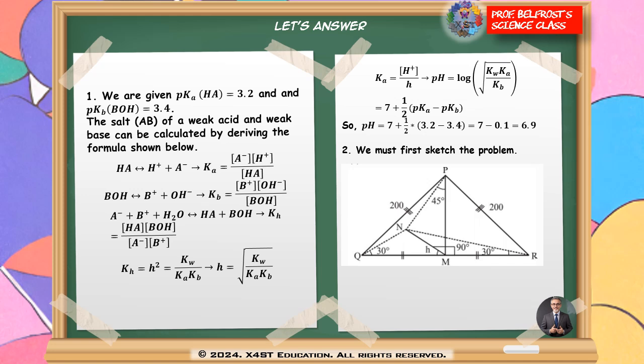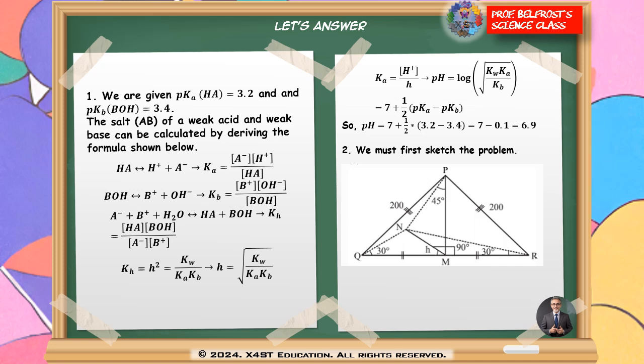You also write down the Kh, then we get the H, and using that H, we can get the pH, which is log of the square root of Kw times Ka divided by Kb. Kw is the dissociation constant of water, which is 10 to the power of minus 14.